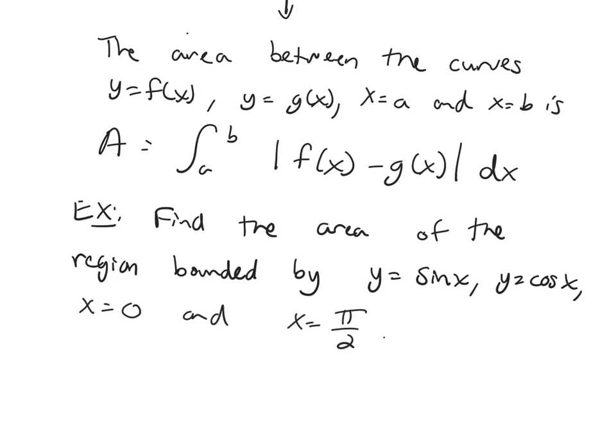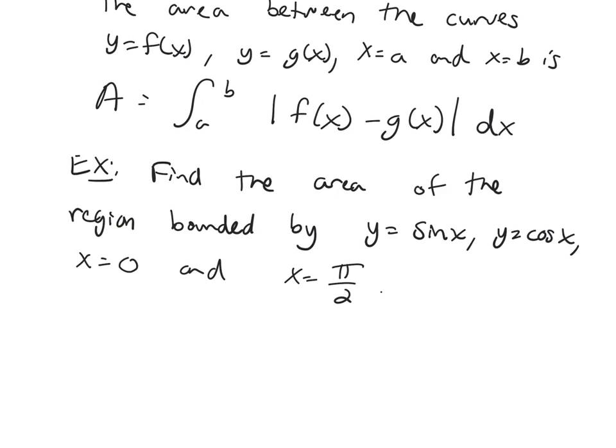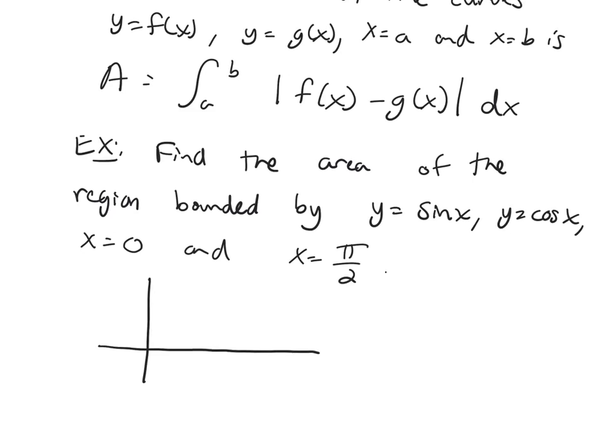Okay, so we're going to start by looking at, we want to graph our region. Right? That's always what I want to do. I want to get a picture of my region. So these last two equations, x equals 0, x equals pi over 2, tell me I'm looking from 0 to pi over 2.